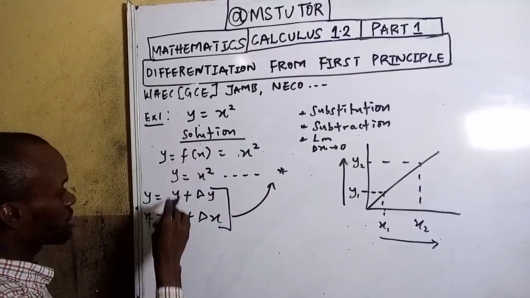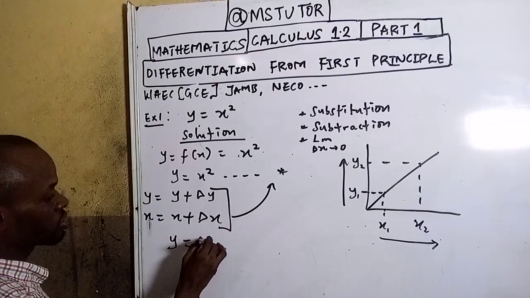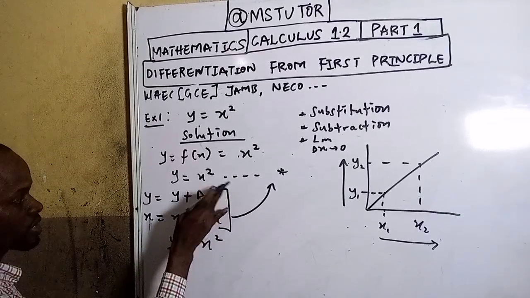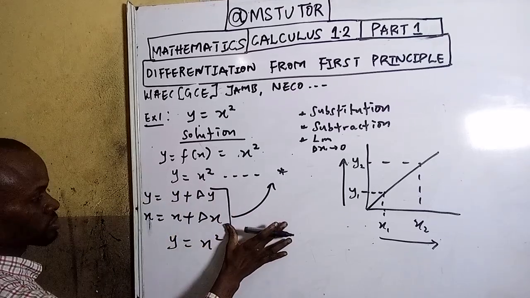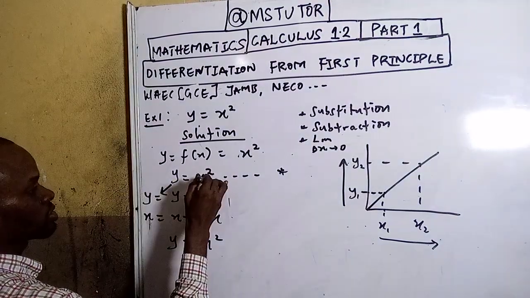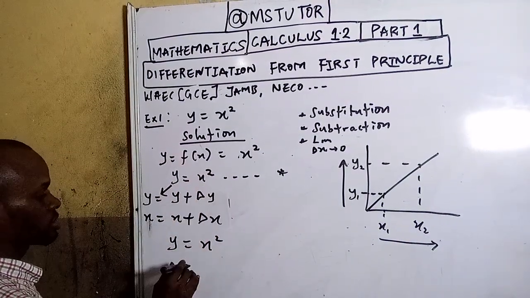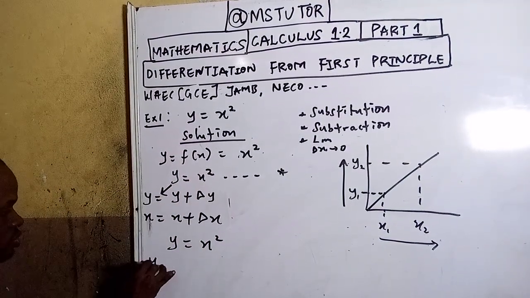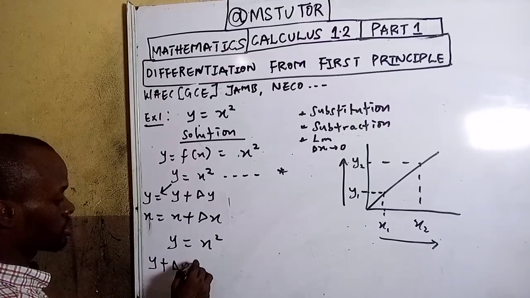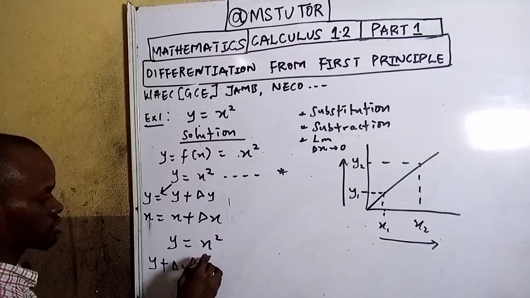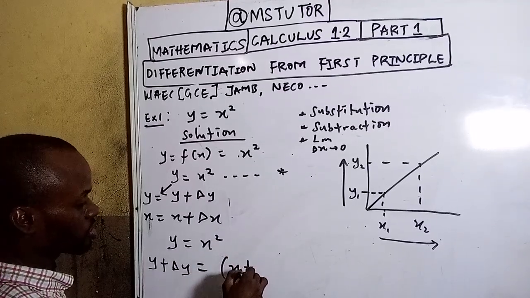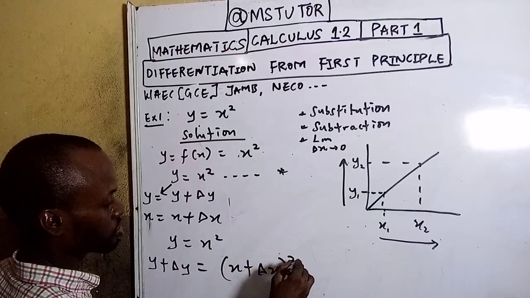So here, y equals x squared, that will change to what? y plus dy. So let me move this now. This will change to this. y will change to y plus dy, and the x squared becomes x plus dx all squared.